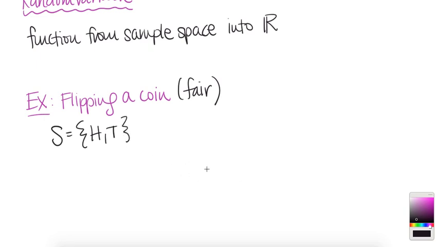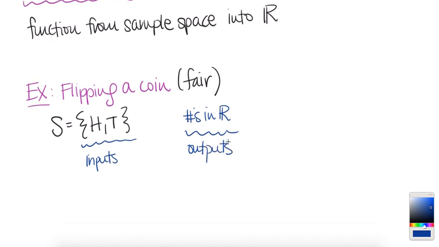Okay, so essentially, our random variable is going to take these as the inputs, and then our outputs are going to be whatever numbers we want in R.